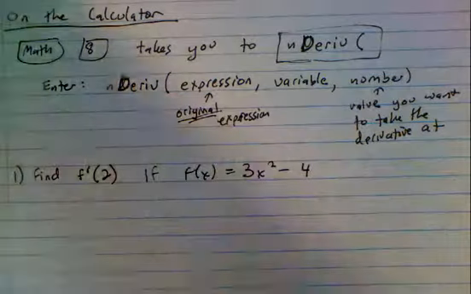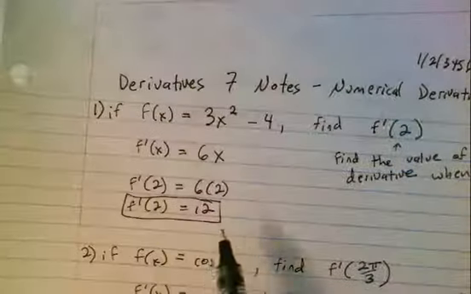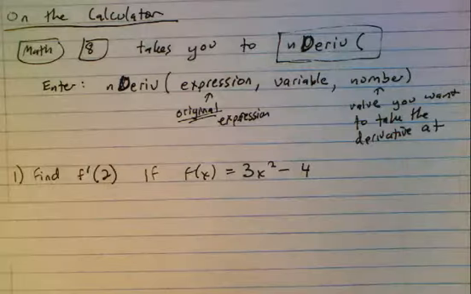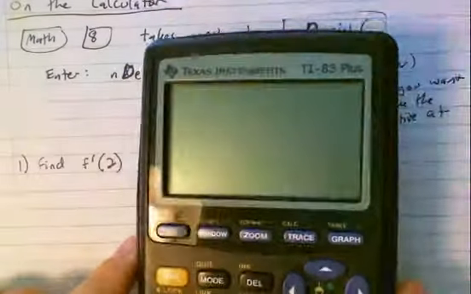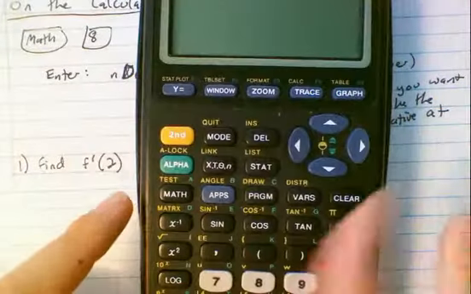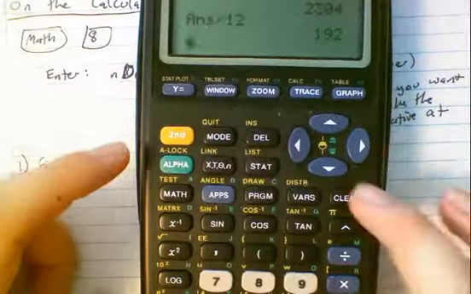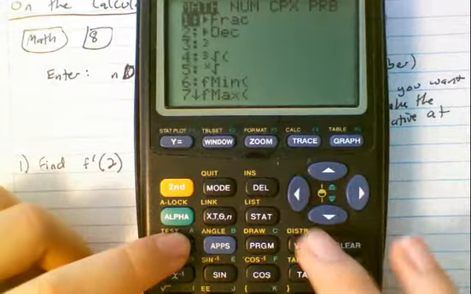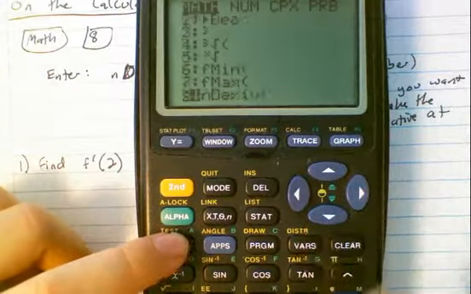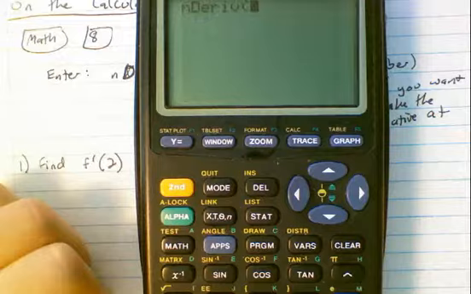And we've already done that, so we know the answer that we should get should be 12. So what I'm going to do is get out my calculator. And I'm going to go to Math, and then arrow down, number 8 is the nDeriv.